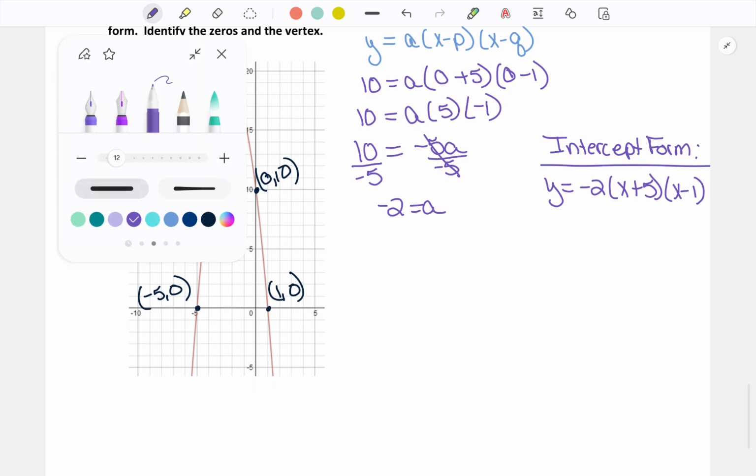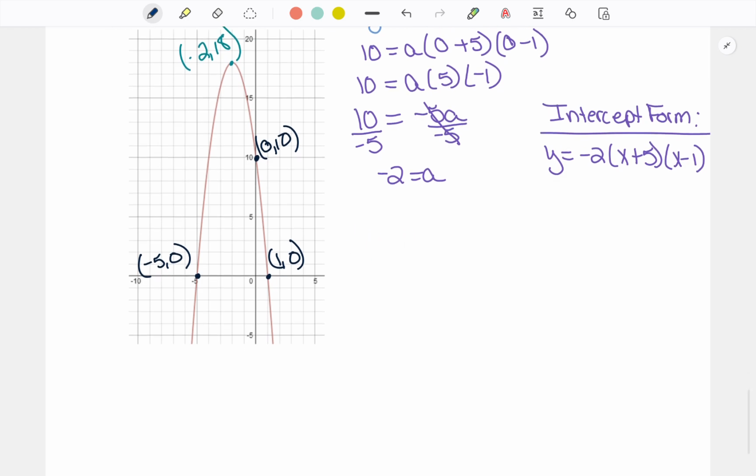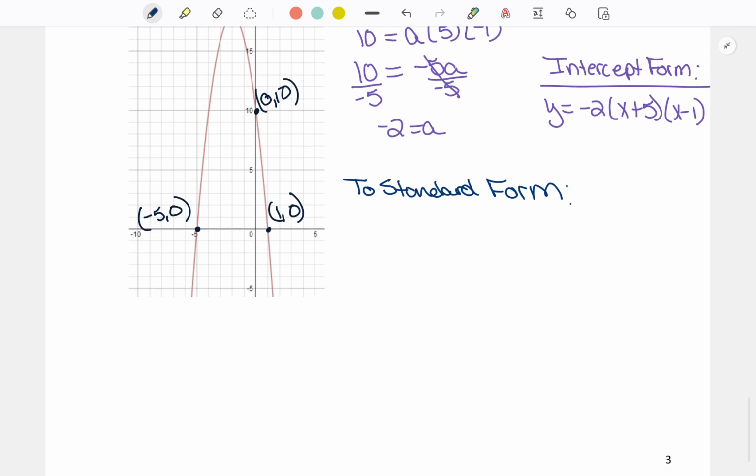And so I'm going to use that as my jumping off point for standard form. So I'm going to have y equals negative 2 times x plus 5 times x minus 1.